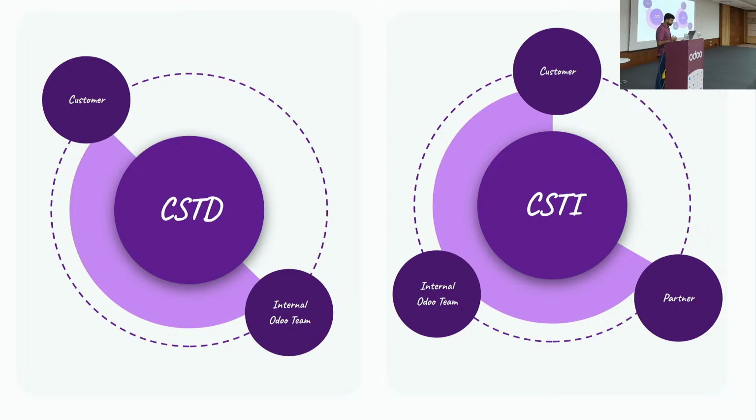The CST indirect team is the bridge between the customers, the internal team, and the partners. If any customer is facing an issue, we always look to the partners first. We find solutions with the partner, and then we come to our internal team to see how we can solve the issue.